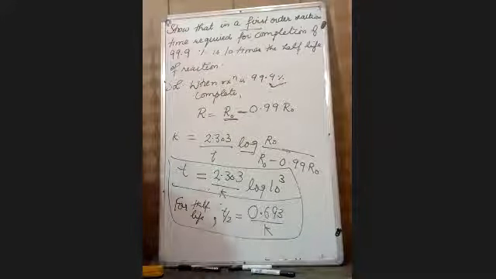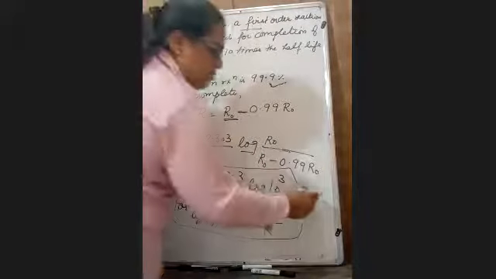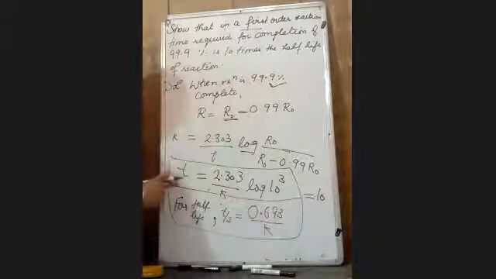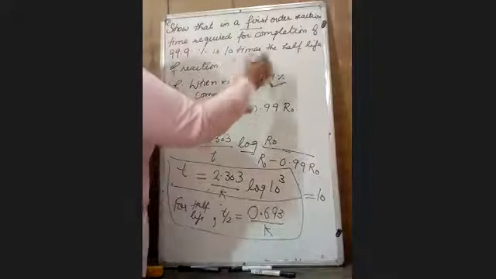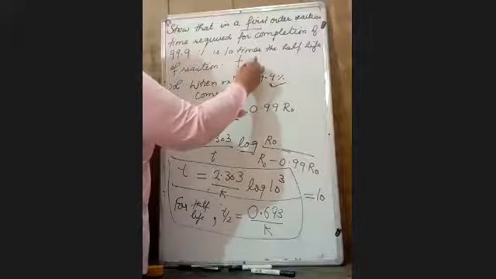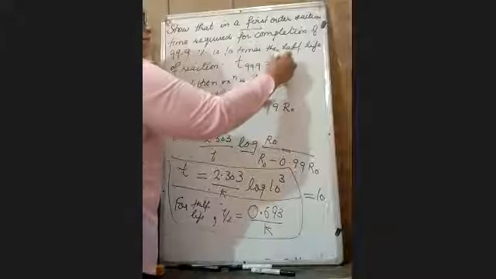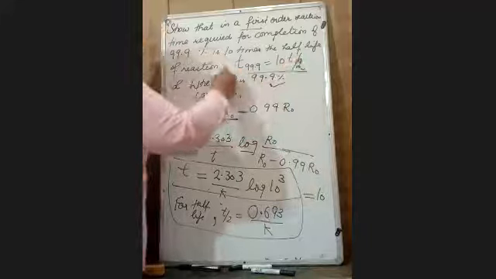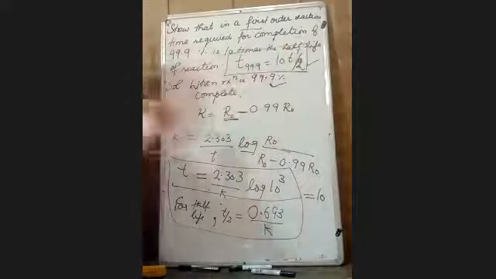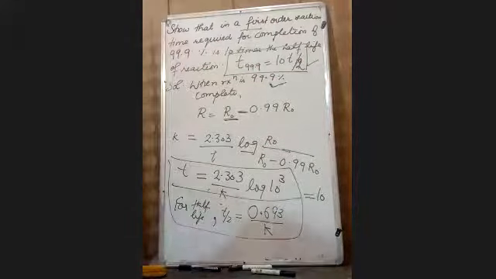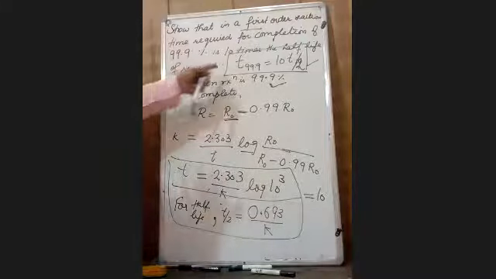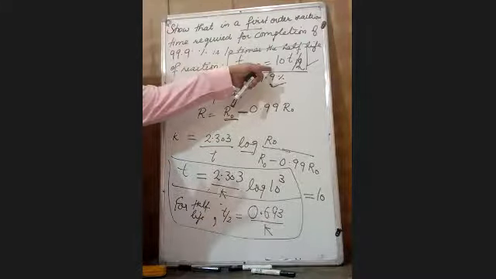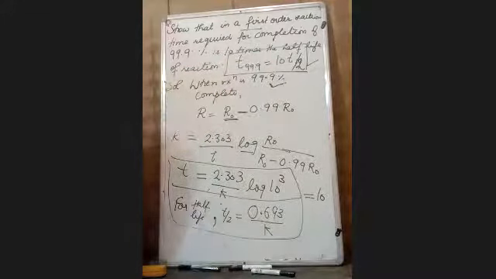And when you divide it, you will get 10 after solving it, which means T 99.9% is 10 times the T half. Remember this formula. It will be helpful in solving competitive questions. T 99.9% is equal to 10 times of T half of a first order reaction.